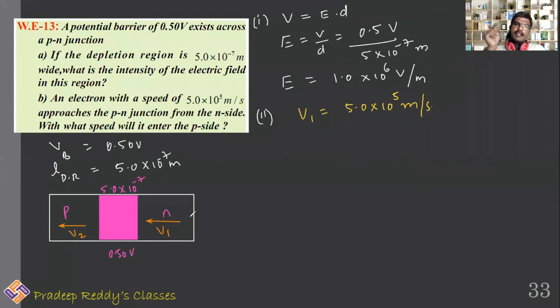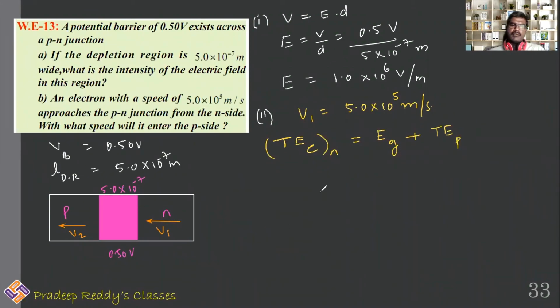Then only it can enter into p type. Okay, so therefore total energy of electron in n type should be equal to energy required to cross this band gap plus total energy in p type.